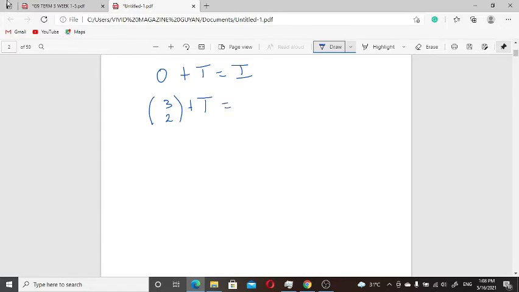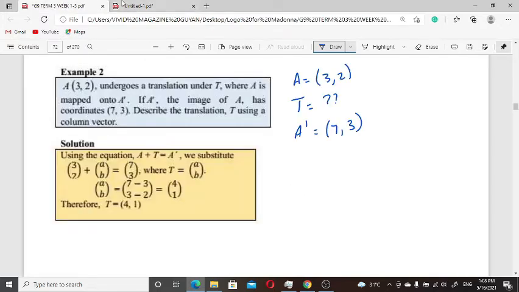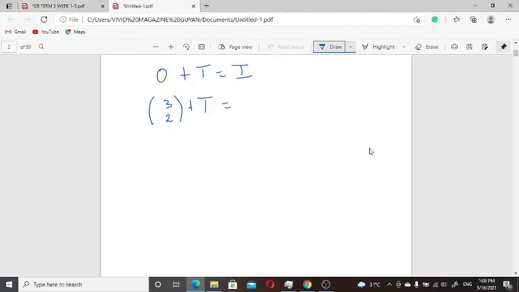The image is 7, 3, so 7 on top, 3 at the bottom. So my T is equal to my image, 7, 3.